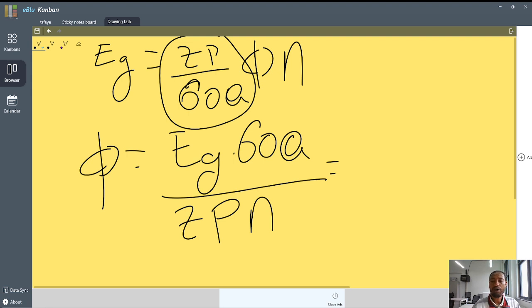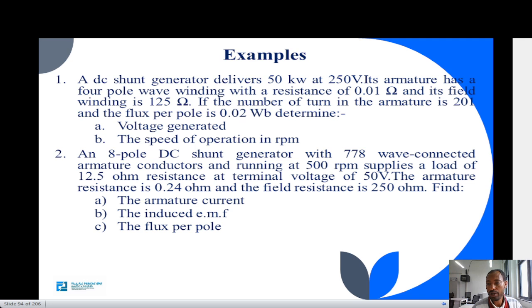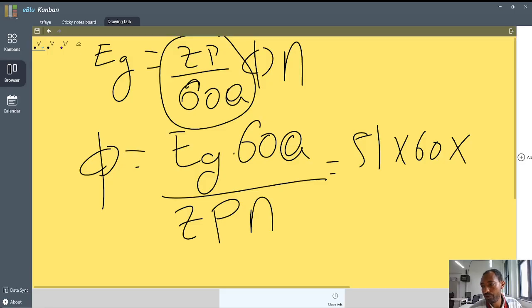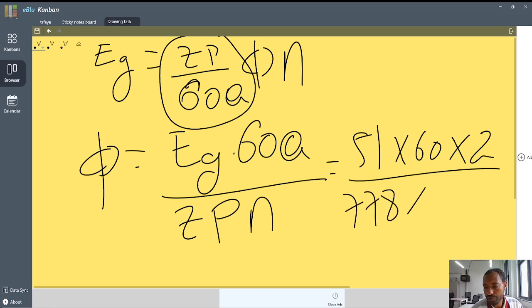Now, EG we found is almost 51, times 60 times A. We told that it is a wave winding again, so it's going to be 2, divided by Z, 778, times N, 500, times P, the number of poles, 8, given.